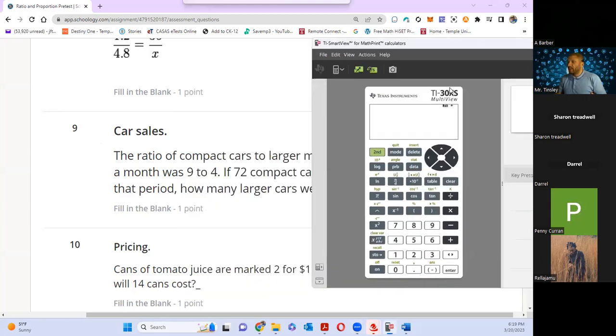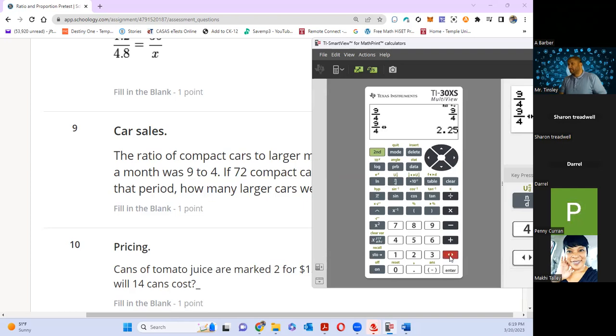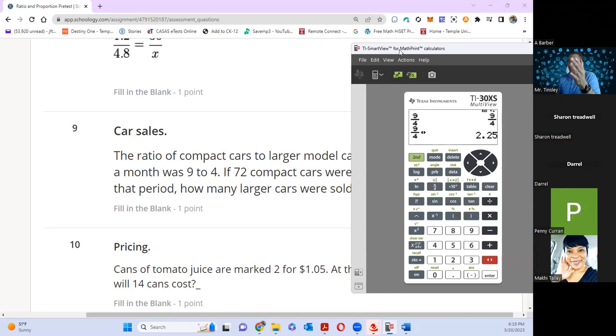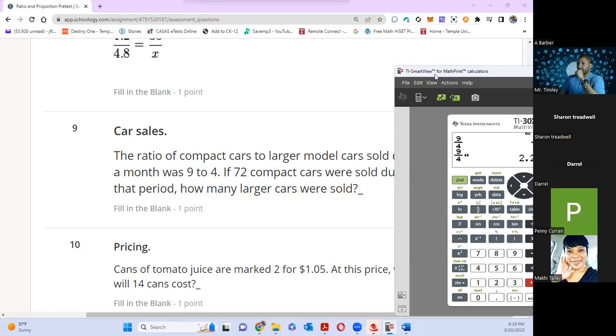So boom. Now, 9 divided by 4 you get 2.25. So that means it's 2.25 compact cars for every large car. You understand that?